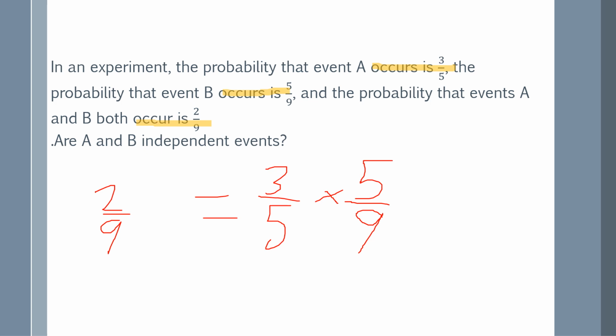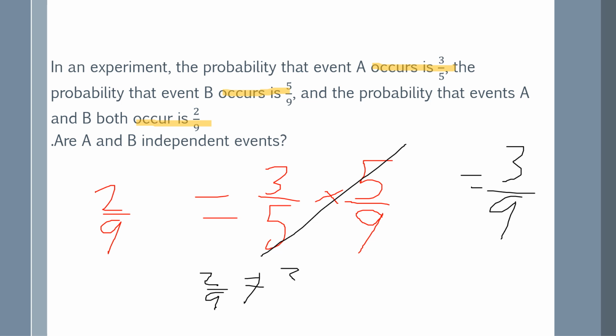I know that 5 cancels out, so that's going to be 3/9. So are they independent? Does 2/9 equal 3/9? As much as it should be, sadly, it's not. So therefore, it's not independent. So 2/9 does not equal 3/9.